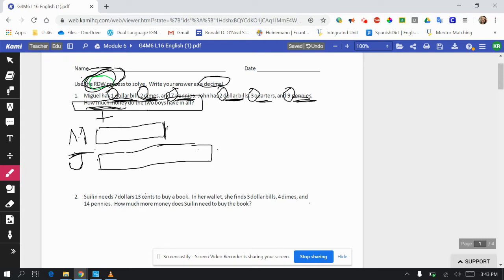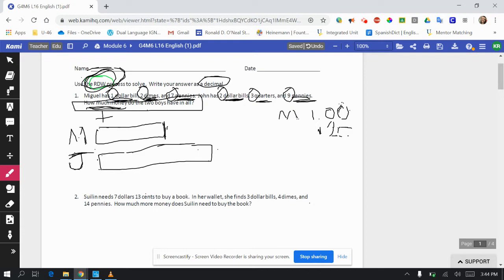So I'm going to do some thinking over here. I'm going to write an M to show that I'm thinking about Miguel. He has $1, so 1.00. He has 2 dimes, so that is 0.2. This is a decimal, I promise. So he has 20 more cents.